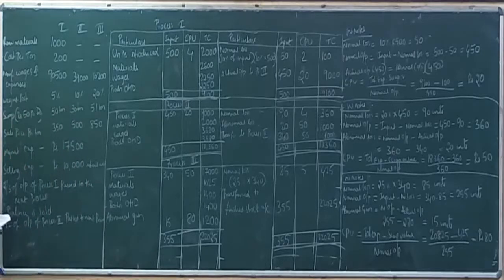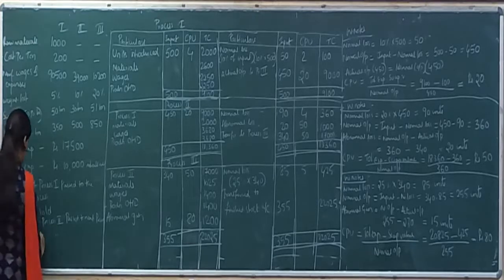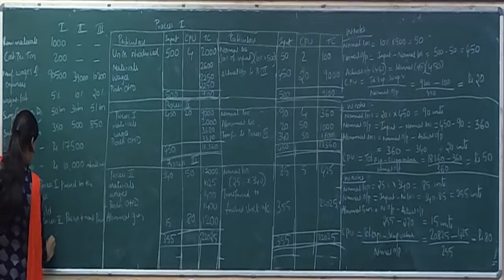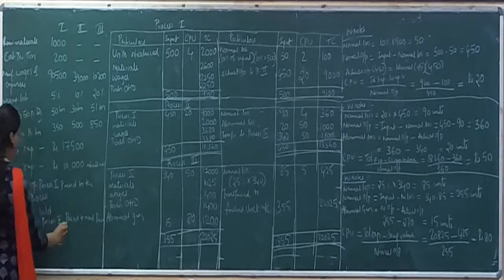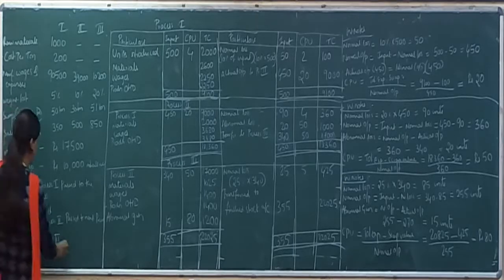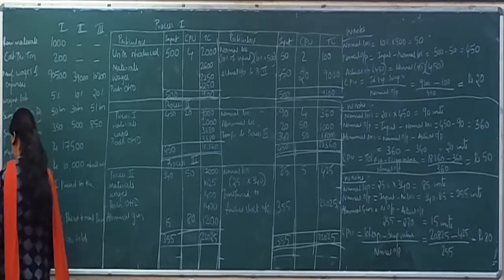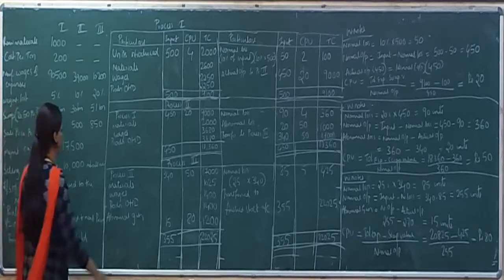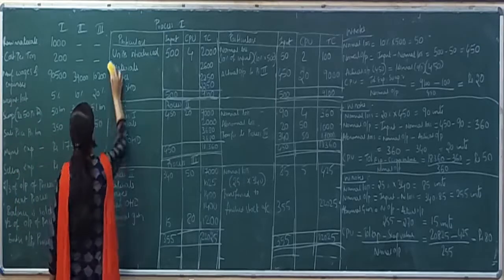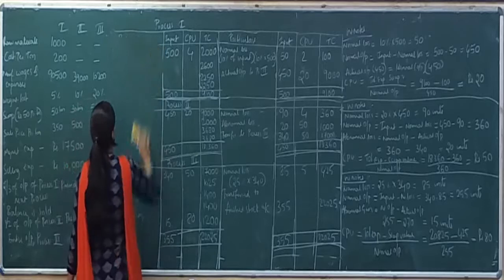The entire output of process 3 are sold. With these details we need to prepare a process account.